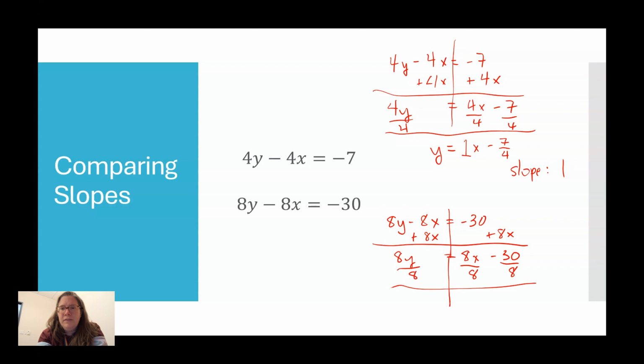Dividing every single thing by 8, 8 divided by 8 is 1, and you could just write this as x. You don't have to write 1x. And listen, I don't really care about the y-intercept, so I'm going to leave it as -30 over 8 right now. So my slope here is also 1. If we've got 1 and 1, 4 over 4 and 8 over 8, which are equal, these are parallel.